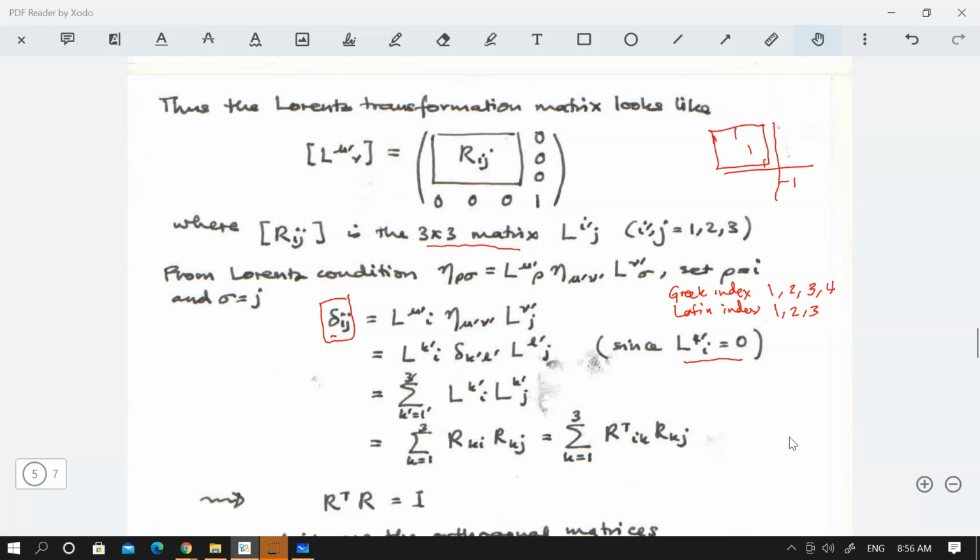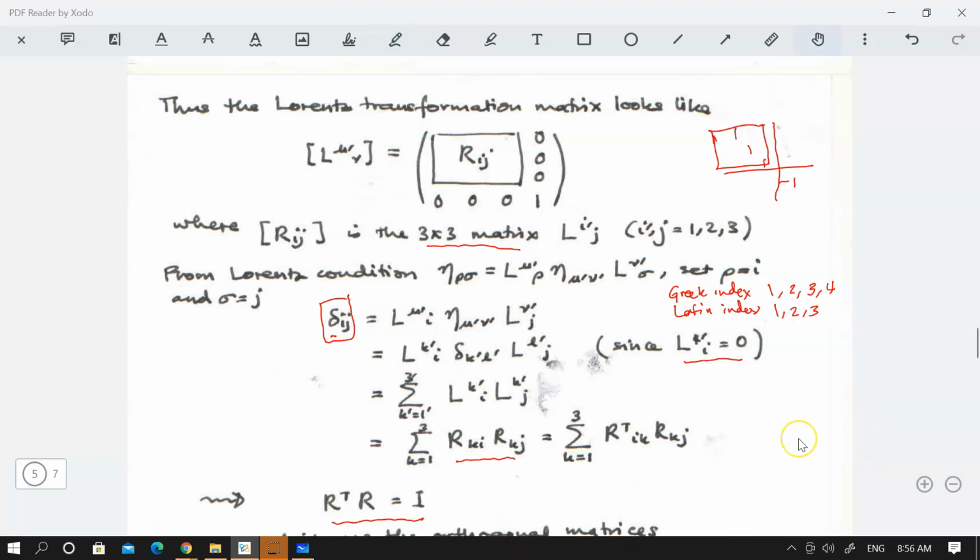So I get R k I, R k J, and if I want to make this look like matrix multiplication, then I transpose this, and I will have R transpose I k, R k J, and that has to equal delta I J, which is the matrix elements of an identity.